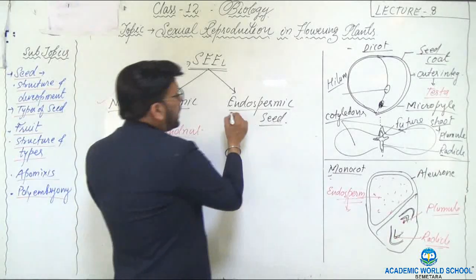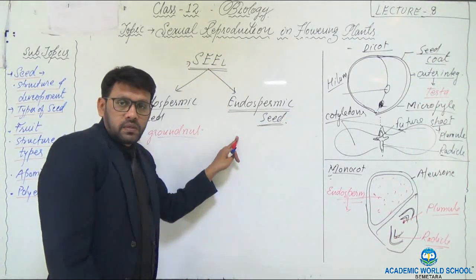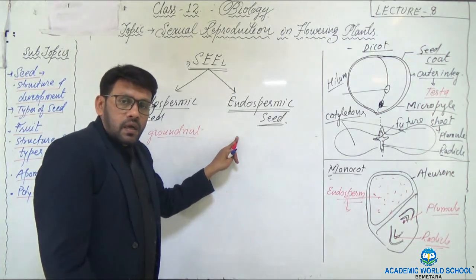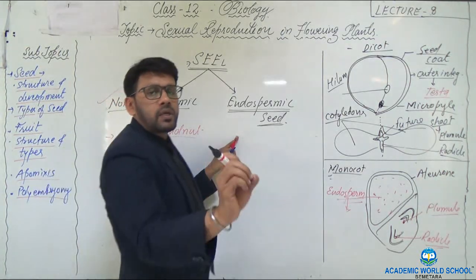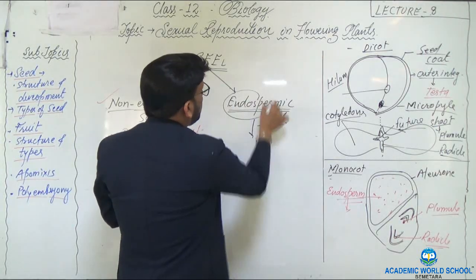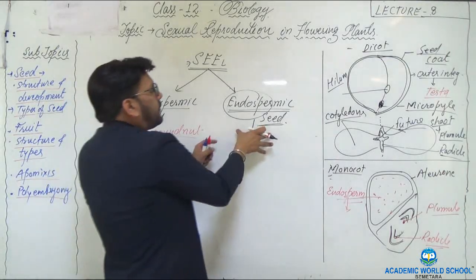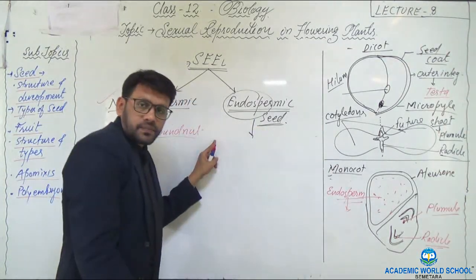And then the endospermic seeds. The endospermic seeds are those which have some amount of residue of the endosperm. It means the endosperm residue is found in some of the cases.